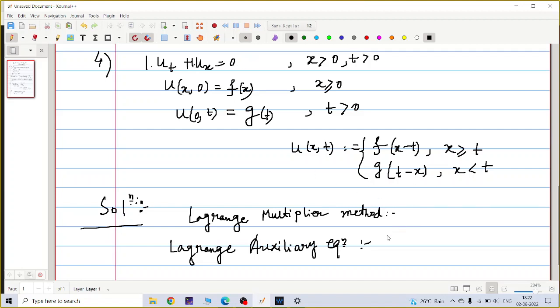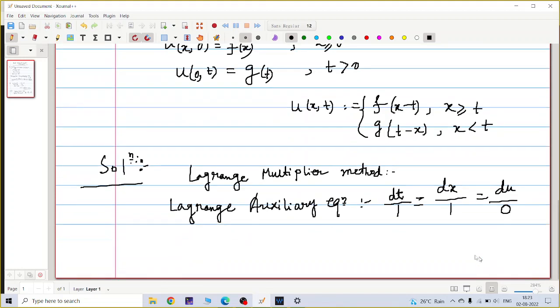The auxiliary equation is an ordinary differential equation: dt by the coefficient of u_t, that is 1, equal to dx by the coefficient of u_x, that is 1, equal to du by the right-hand side term, which is 0. So the auxiliary equation becomes dt/1 equal to dx/1 equal to du/0. So this is the method to find the auxiliary equation.